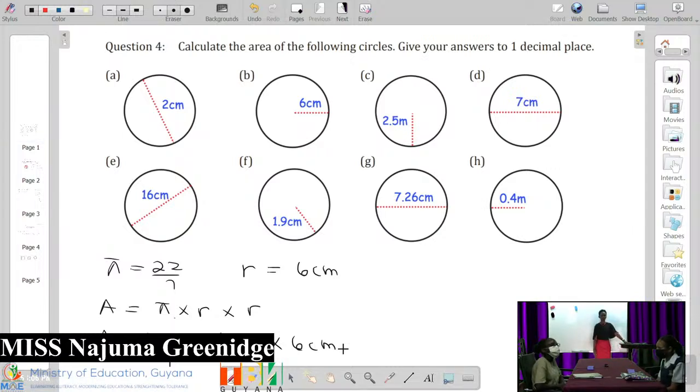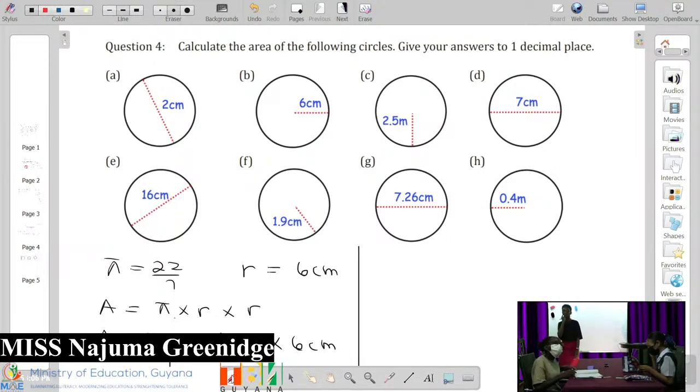Make sense? Yeah. Cool. So you can make some notes there. So multiply those values and then divide and see what you have. And you're taking your answer to 1 decimal place. Alright?